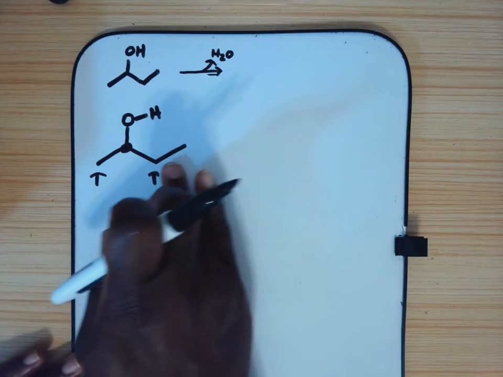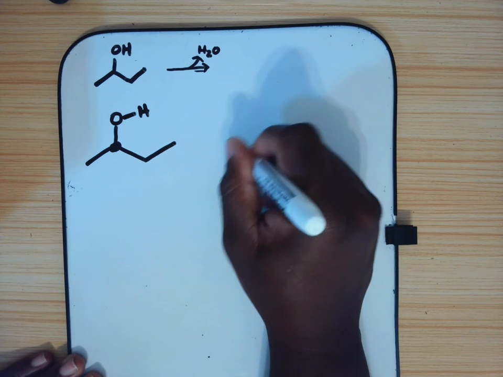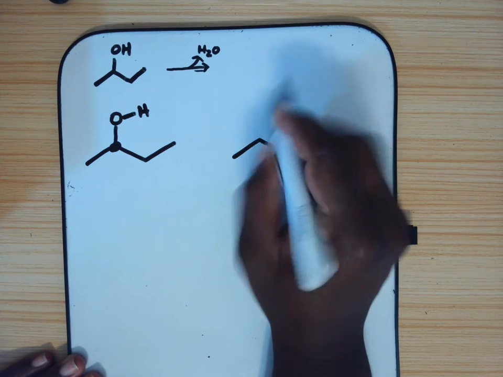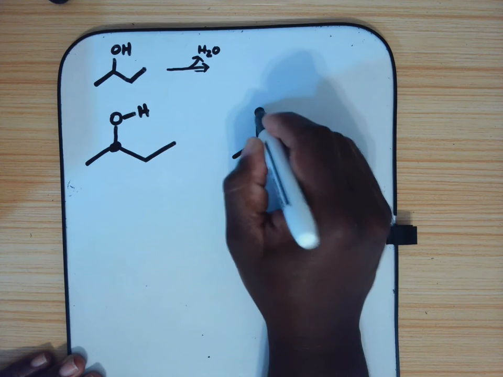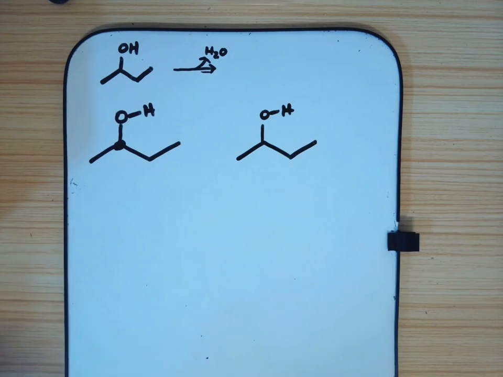Since we have two possible choices, I'll just redraw this so that we can go through and look at those two choices. In order for dehydration to occur, we have to lose water. We can already see the OH, so technically I didn't have to actually show that bond. I know that I'm going to be losing that OH.